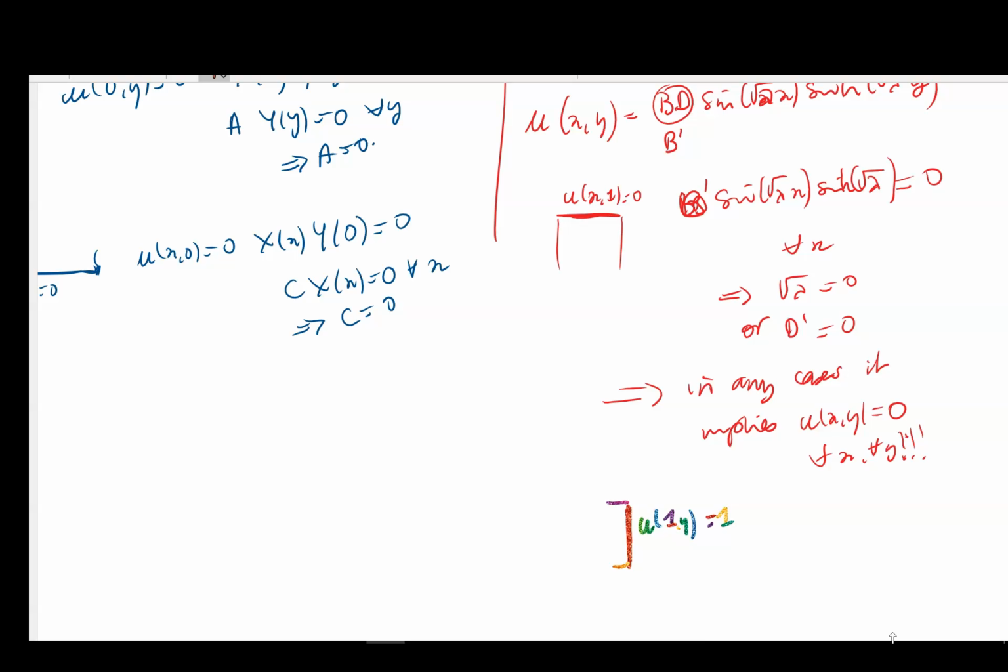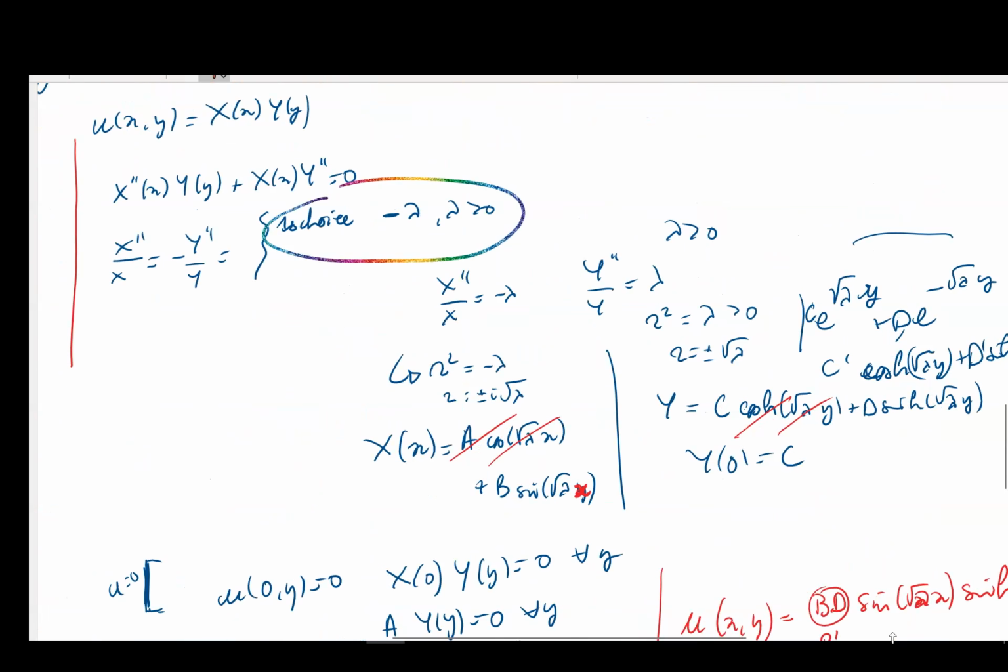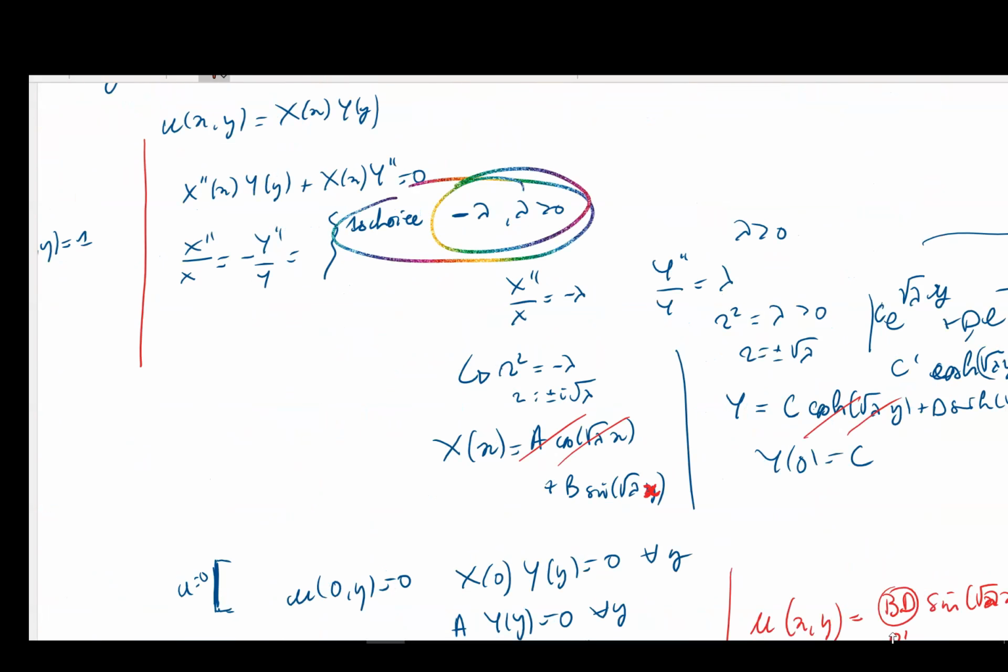So if you make the wrong choice, it's going to appear at some time that it's not working. My choice, minus lambda with lambda strictly greater than 0, does not work here. You realize it's not working because you get a constantly 0 solution and no way to adjust your boundary condition.